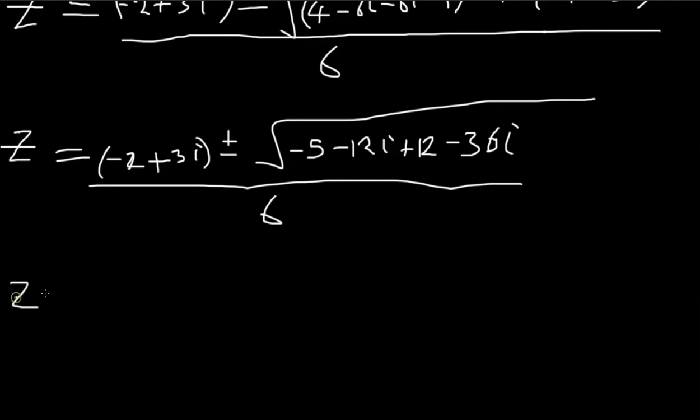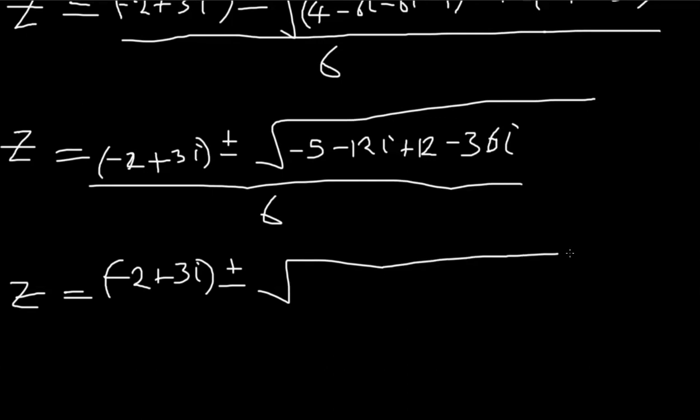So our z is going to be negative 2 plus 3i in brackets, then plus or minus, we pair the like terms there in the third.